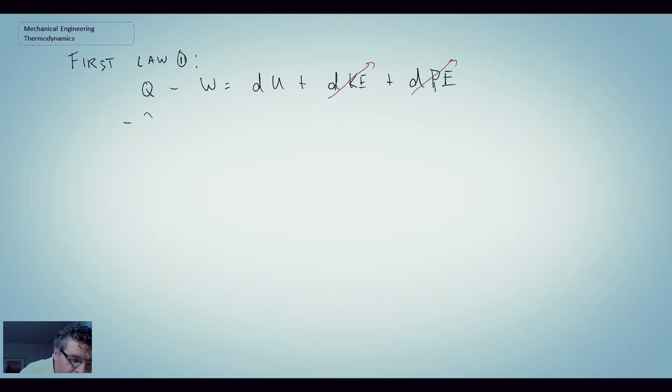So I can write minus delta Q. Now it was doing work, so that is positive, so it's minus delta W is equal to the change in internal energy. Now what I'm going to do with the work term is expand that into useful work and work being done on the surroundings. Remember, when we do exergy analysis, we need to take into account the amount of work that is being done on the surroundings. So let me expand delta W.